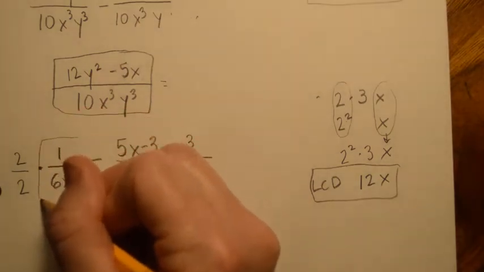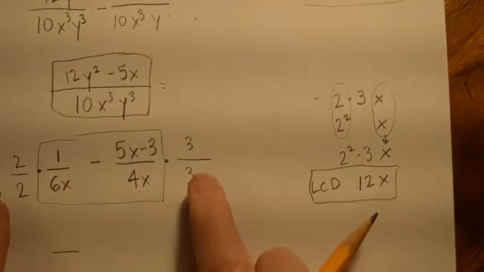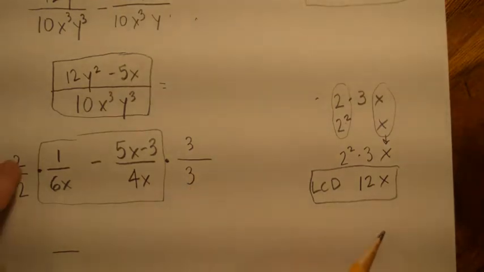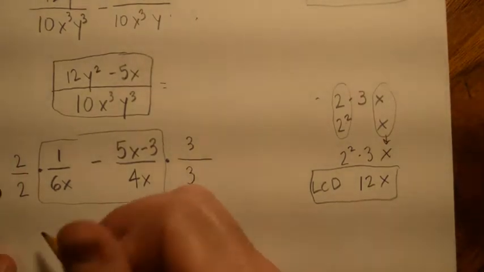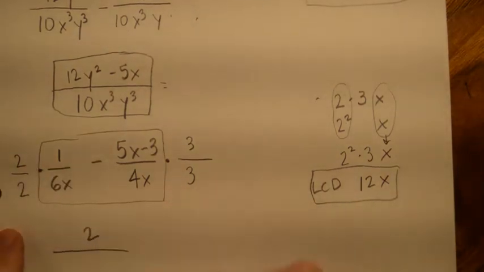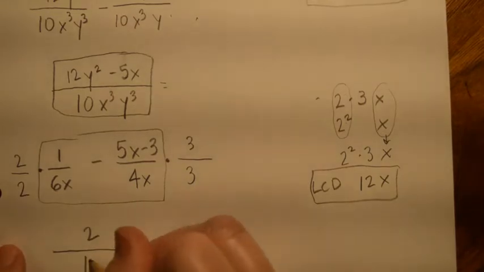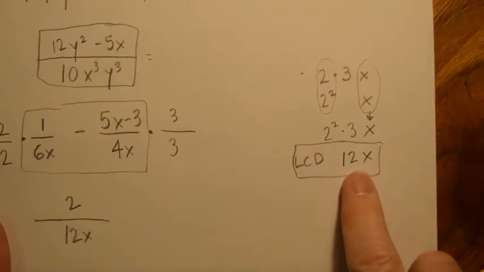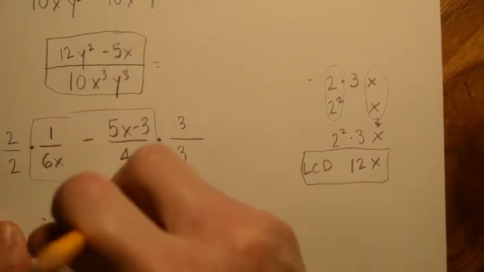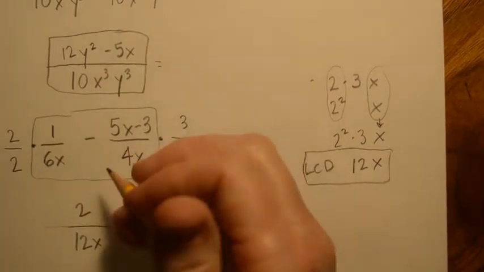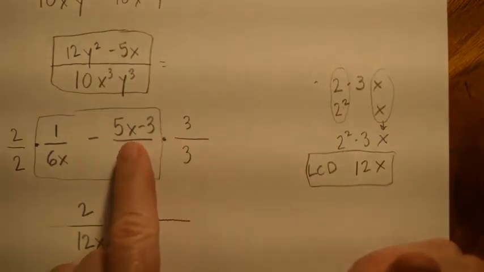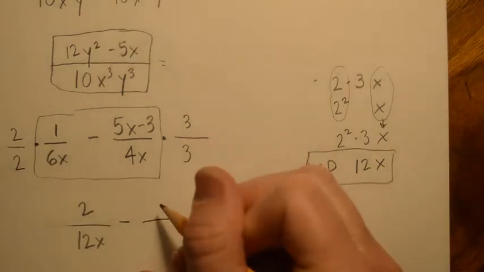Again, here's our original problem. Here's what I had to multiply in order to get the common denominators. All right, so let's go through and convert each of these now to the common denominator. So top times top, we get 2. Bottom times bottom, we get 12x, which is what we were hoping for. Minus, in the top, it's going to be 3 times 5x minus 3.